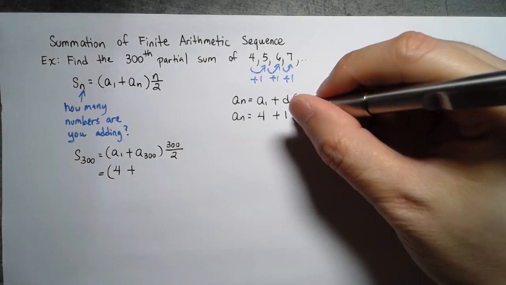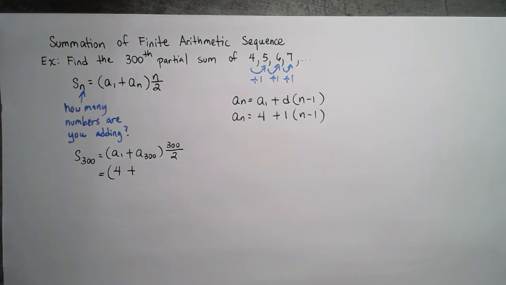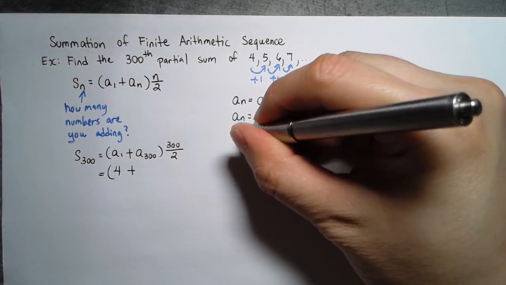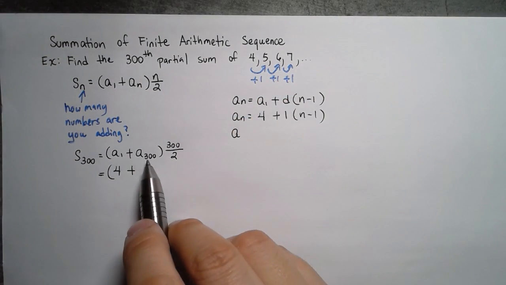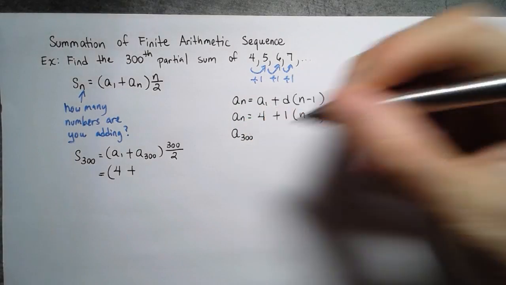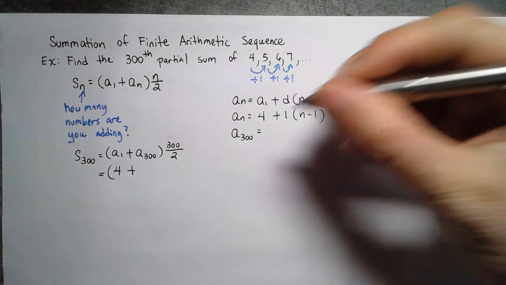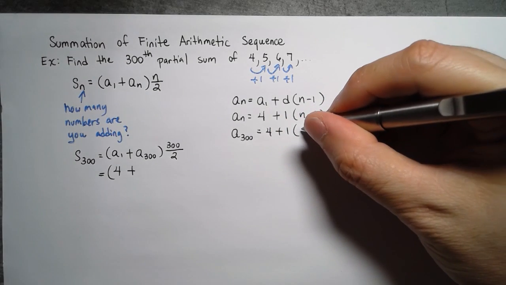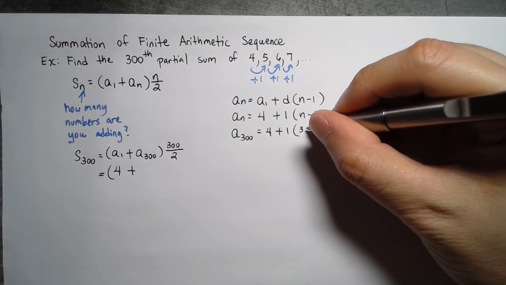We're going to add 1. And here is the equation for this arithmetic sequence. Now, I'm going to use that equation to specifically find the 300th number of this pattern. And that's why I'm going to put 300. So wherever I see the letter n, I am putting 300.